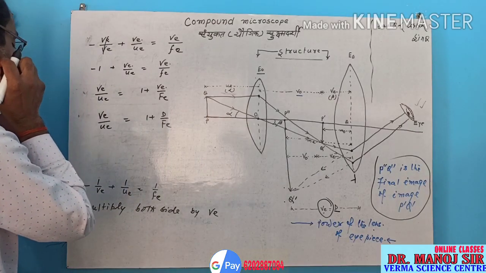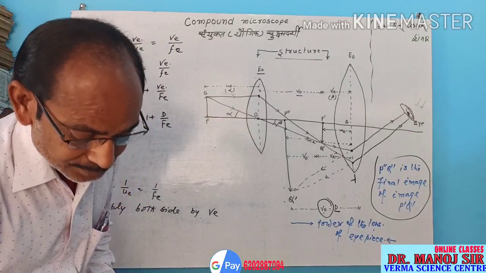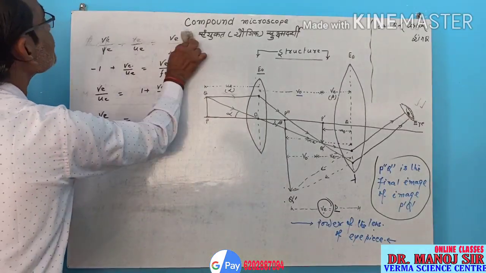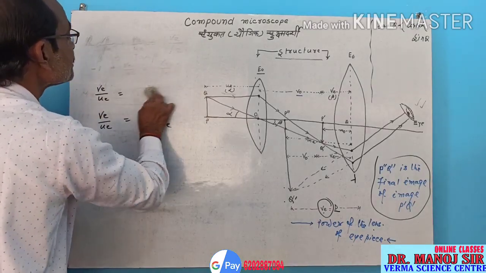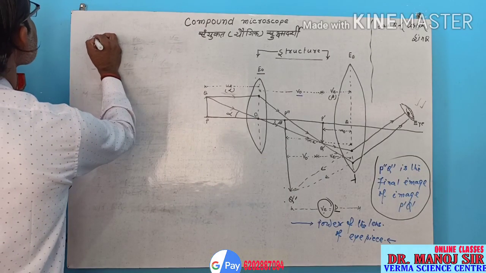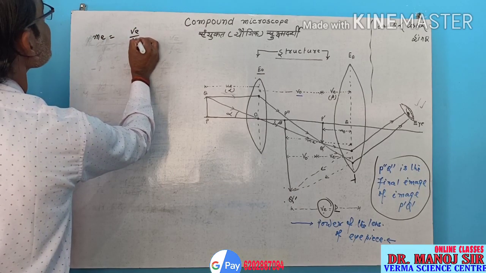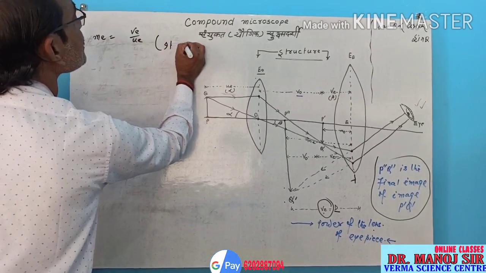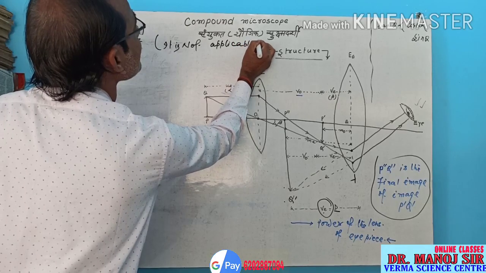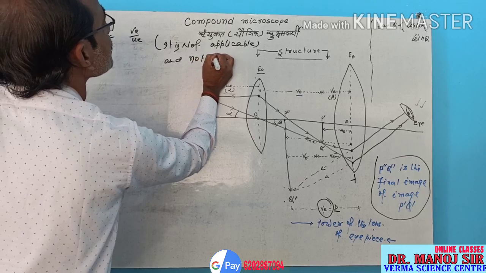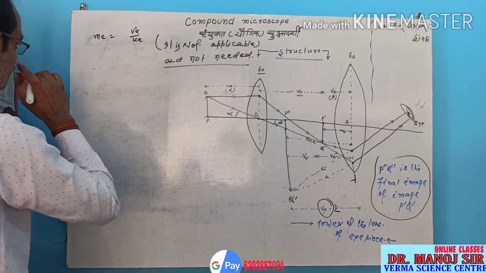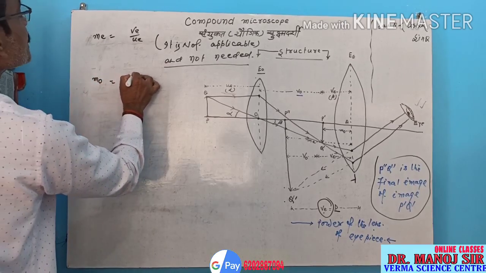In other way, ME equal to VE by UE. So MO equal to VO by UO.